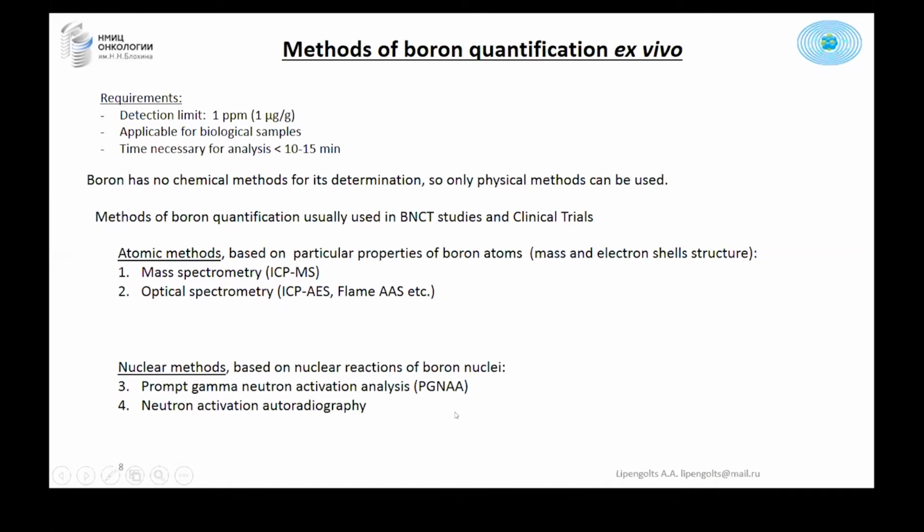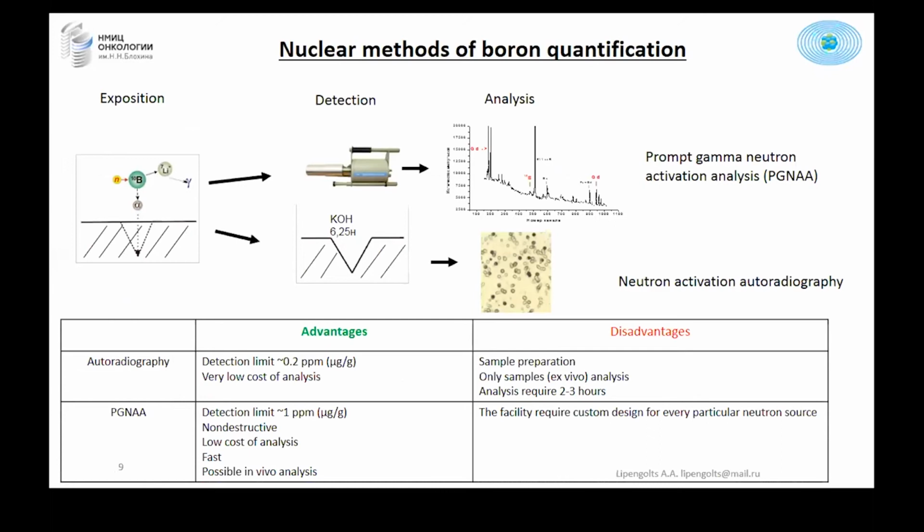I would say briefly about these two methods to make sense of the complications and possibilities for boron quantification. First, I would like to say a few words on nuclear methods.